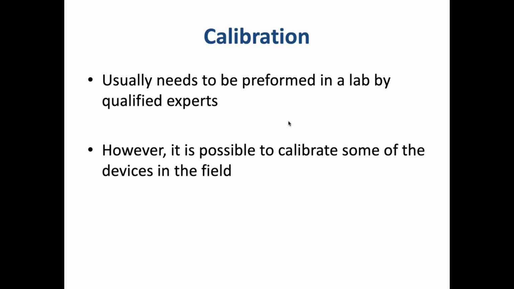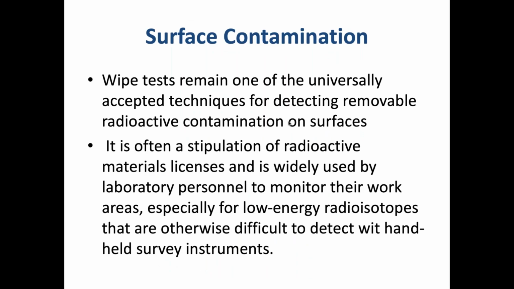Okay, it has to be calibrated. A lot of these instruments need to be calibrated in labs before you can use them. Surface contamination. One of the things we're concerned about when there's an exposure or a spill or a release of radiation is that this material might be particulate, or it may attach itself to particulate material like radon daughters, being material that may attach itself to dust and wind up on a surface.